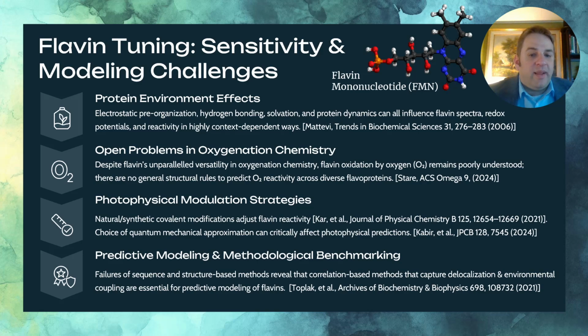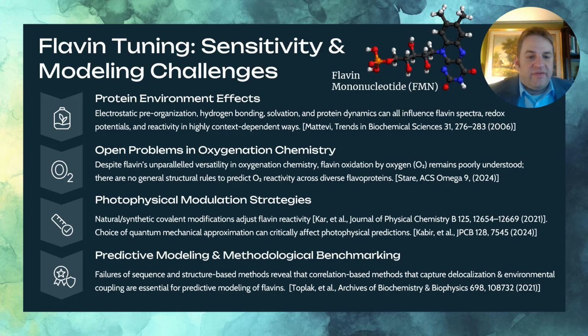There are open problems in terms of how it interacts with oxygen. Although it has unparalleled versatility in oxygenation chemistry, flavin oxidation by oxygen, O2, in fact remains poorly understood, and there are no general structural rules to predict how oxygen reacts with diverse flavoproteins.